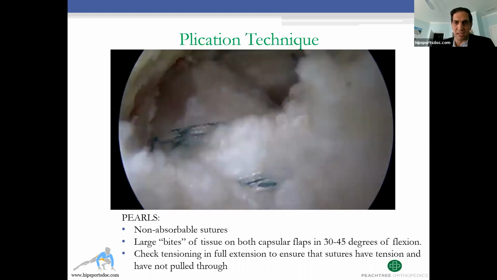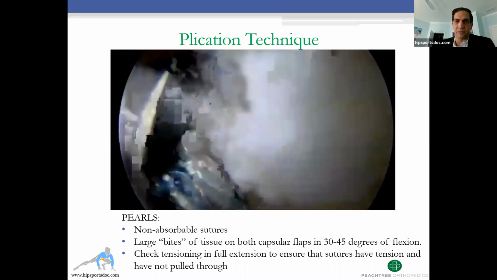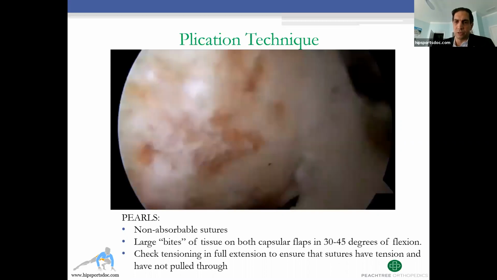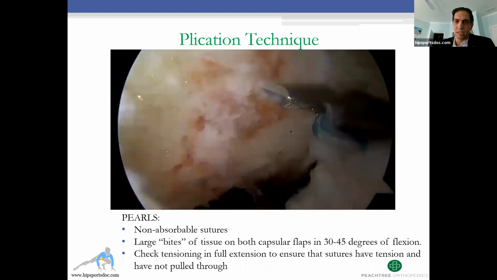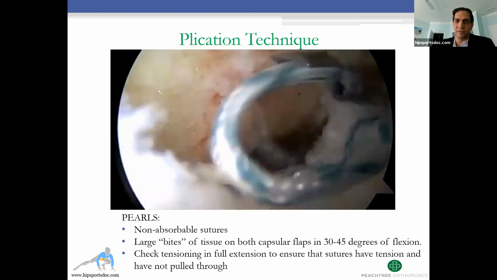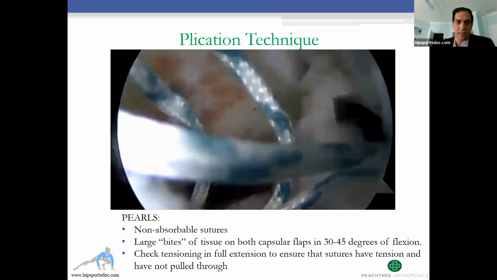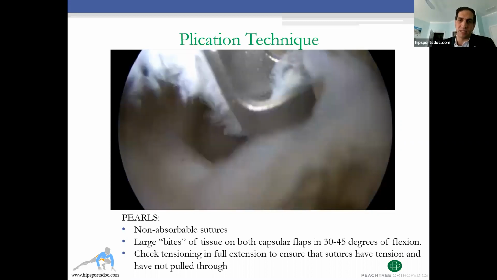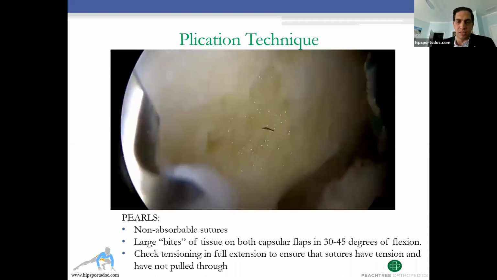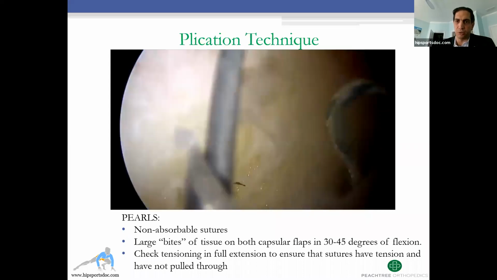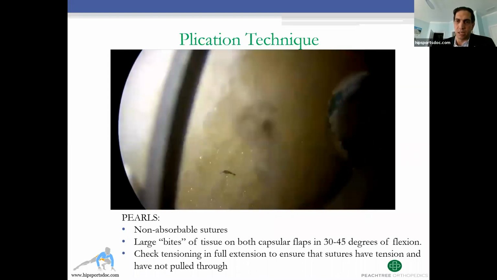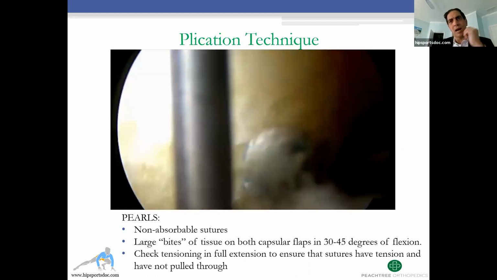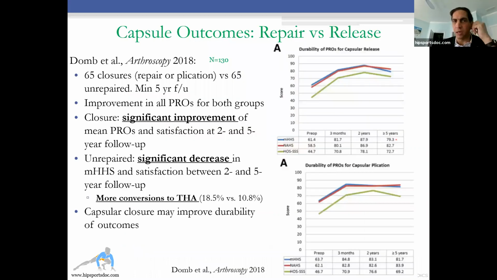And these bites can be taken in 30 to 45 degrees of flexion in order to gain and visualize as much capsule as possible. And as I mentioned earlier, then brought into extension to assess that the sutures haven't pulled out once they've been passed. So outcomes, repair versus release.